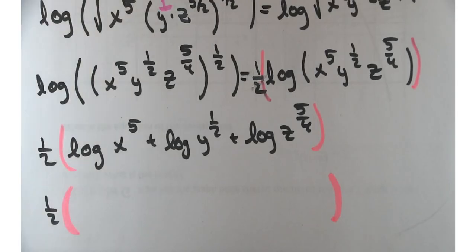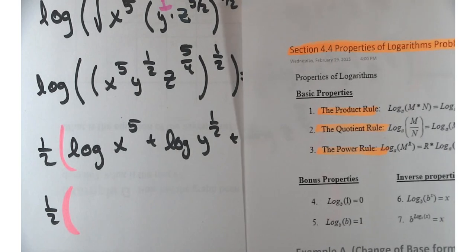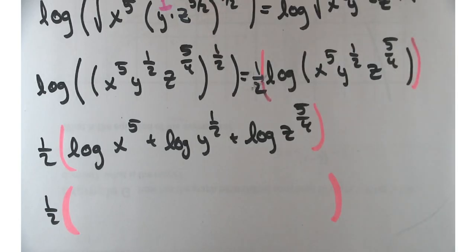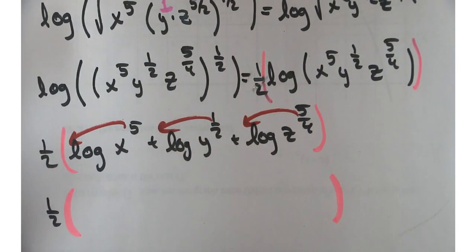What other rule do I have here on this sheet that I can still use? Are there any quotients? Are there any products? Power rule. Yeah, thank you. So we'll use the power rule. That 5, the 1/2, and the 5/4. All those terms are going to come out in front.